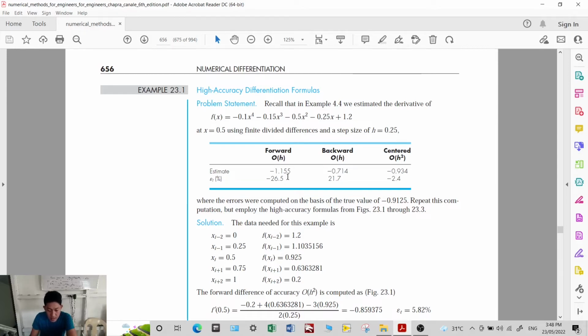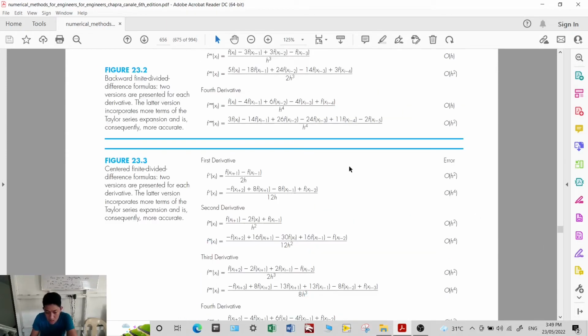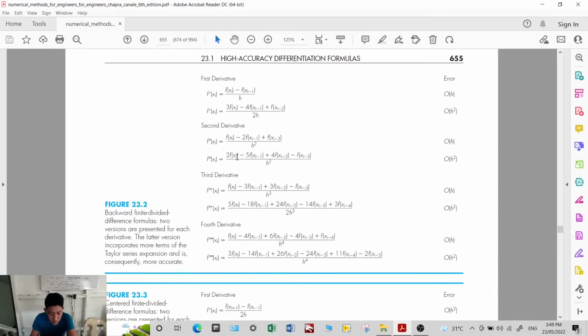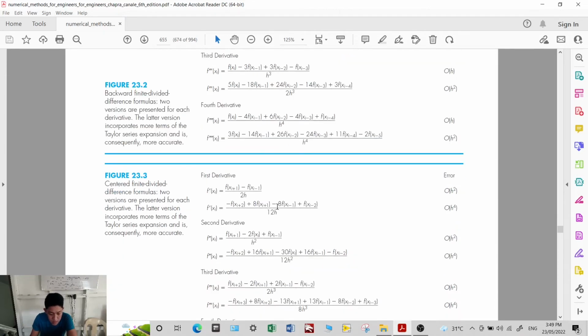The corresponding error for forward is 26.5%, backward 21.7%, and the centered difference is 2.4%. So the centered difference is more accurate. What if we employ the second order approximation in these figures? For this one we will use this equation, for the backward we use this one, and for the central difference.